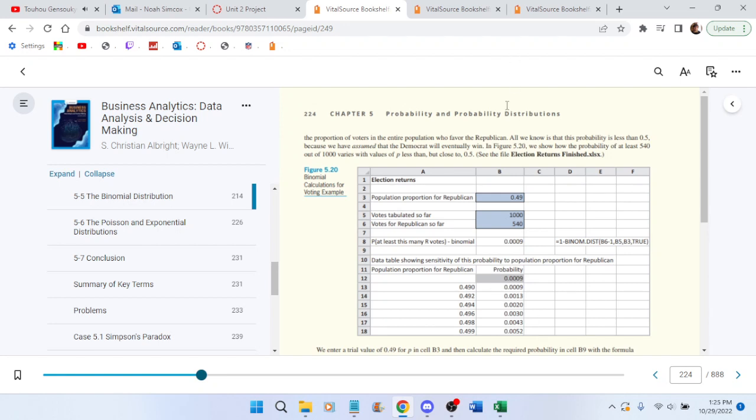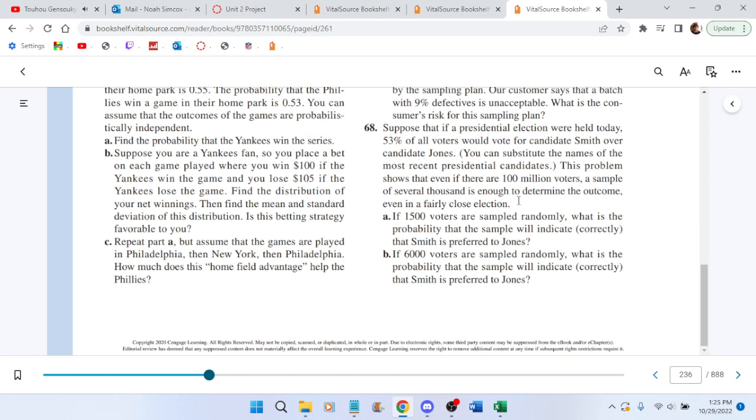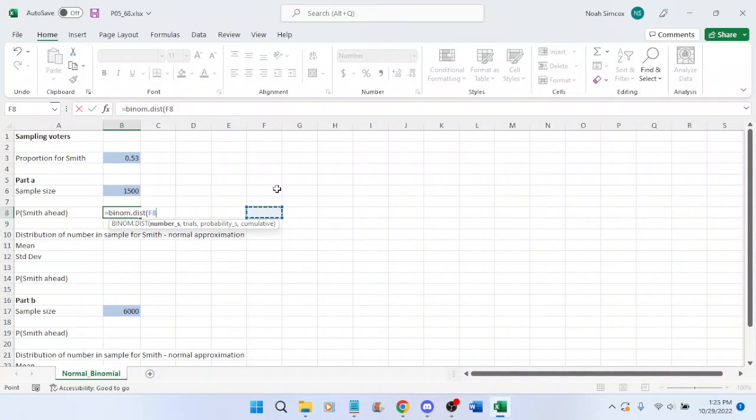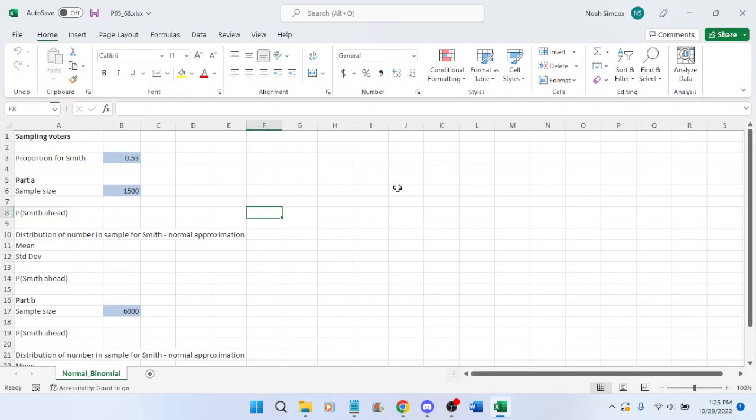The probability at least 540 Republican votes. The probability that you will get at least 50%. I don't know why this is messed up.